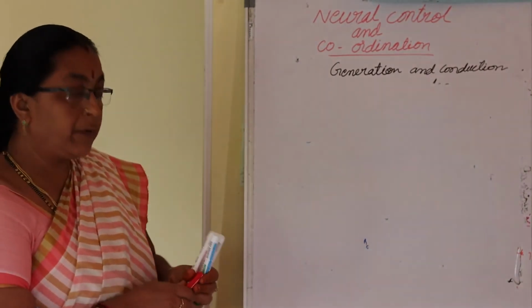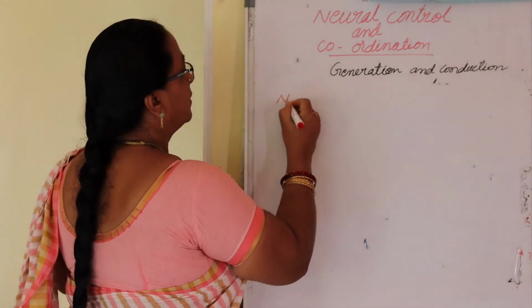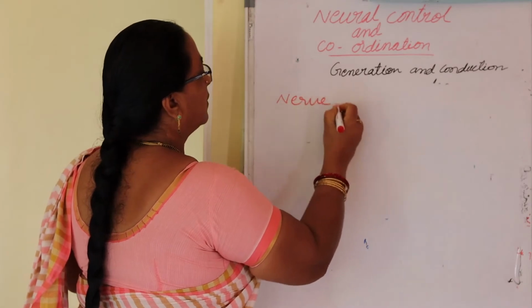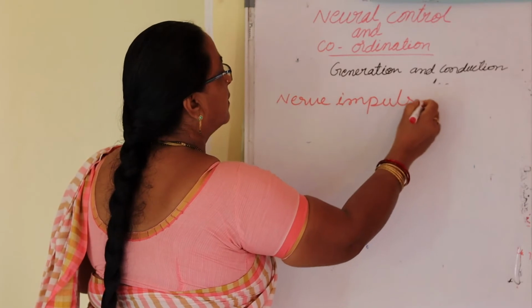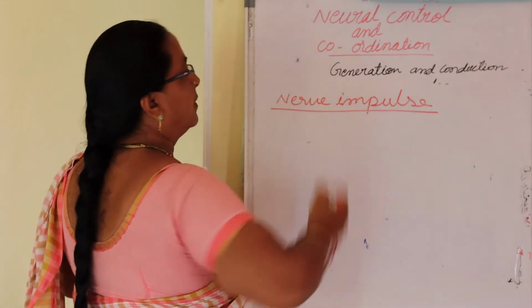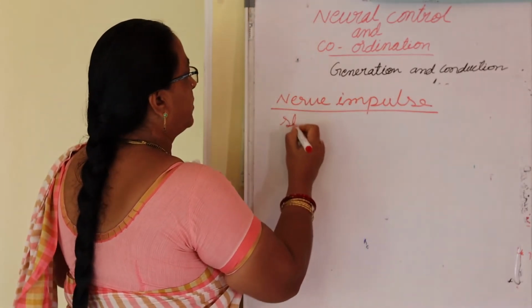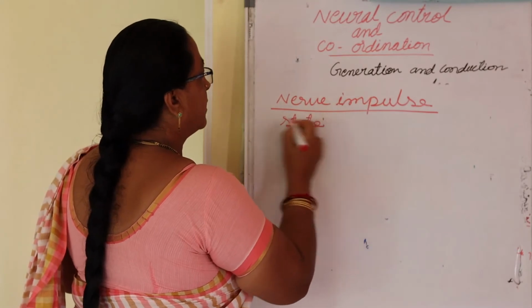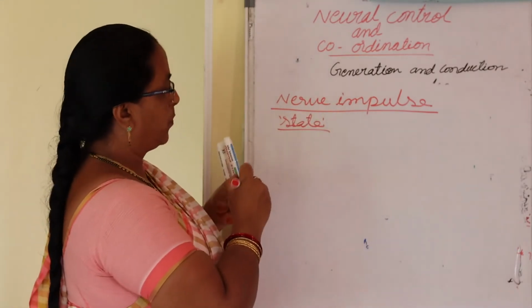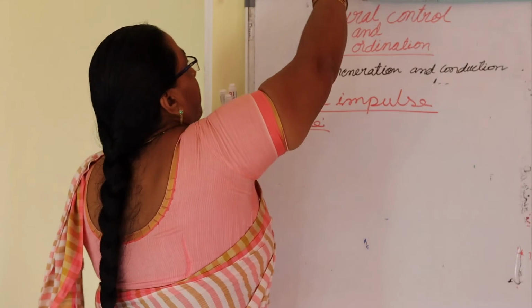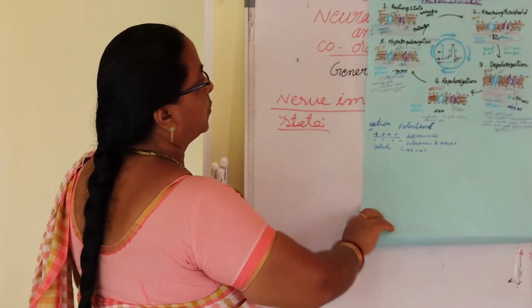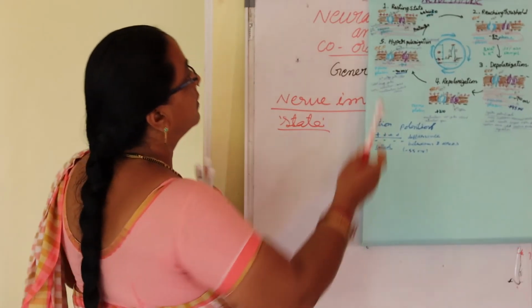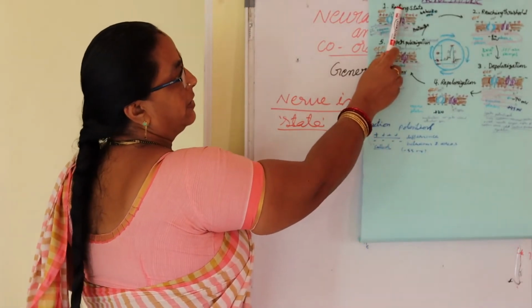So, nerve impulse. There are various states we will discuss in this topic. The first state is the resting state.